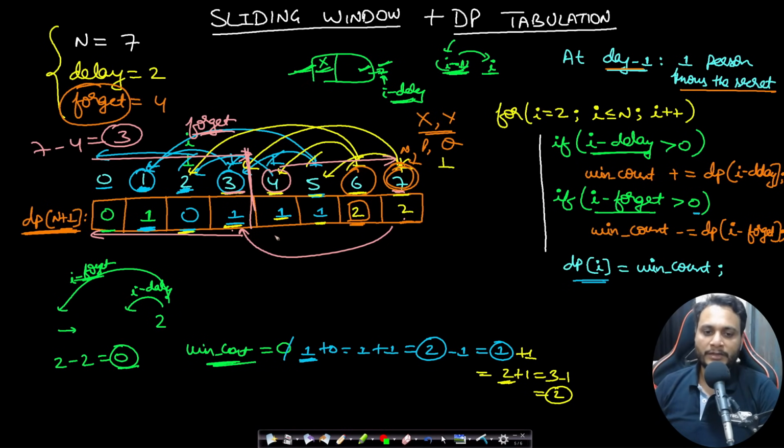So what we have to do is just iterate and keep adding these values. 1 1 2 2 is going to be 6. Therefore 6 people will be knowing about the secret by the end.